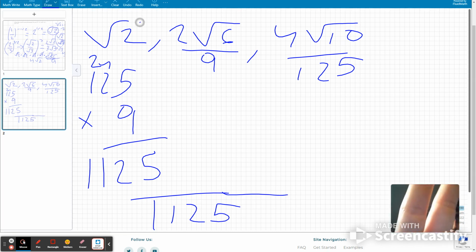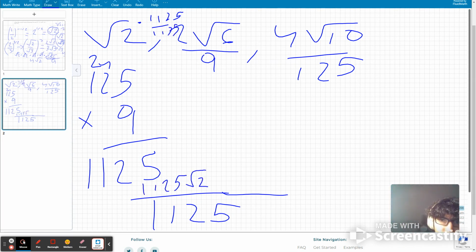So root 2 is going to be multiplied by 1125 over 1125. So we have 1125 root 2, and then 1125. And then this is going to be multiplied by 125 over 125. Do you see? Because 9 times 125 is 1125.